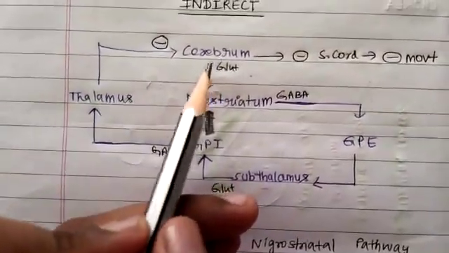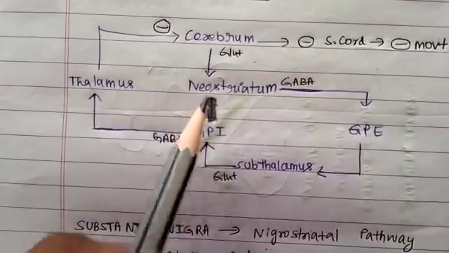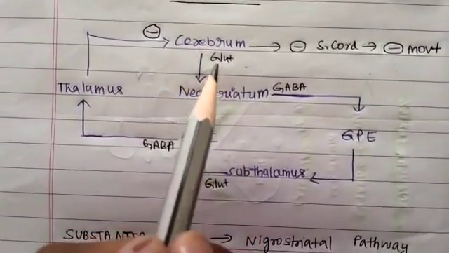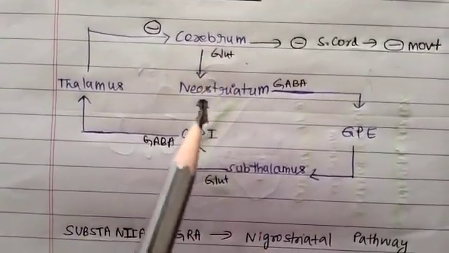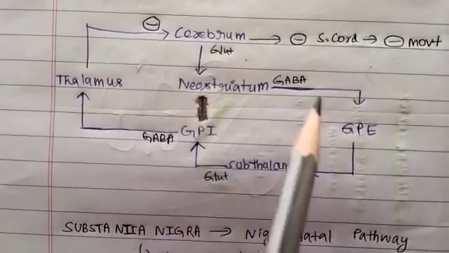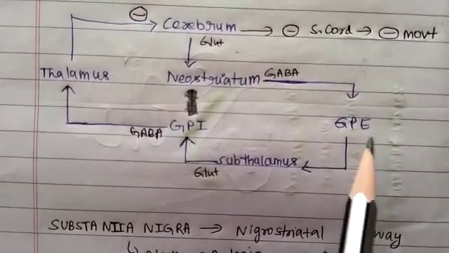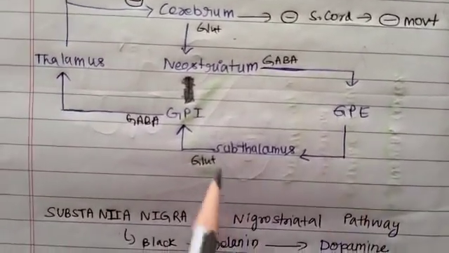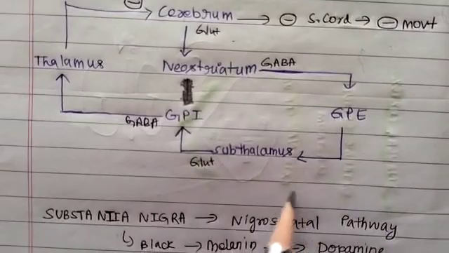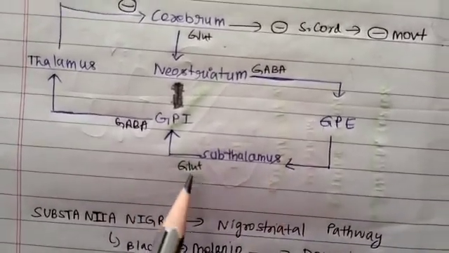So cerebrum, neostriatum, same thing. Cerebrum releases glutamate. Glutamate is going to stimulate neostriatum. Neostriatum secretes GABA. GABA is going to inhibit GPE, globus pallidus externus. Now this is inhibited, so there is no inhibitory stimulus for subthalamus. Subthalamus doesn't get any inhibitory stimulus, so it secretes glutamate.